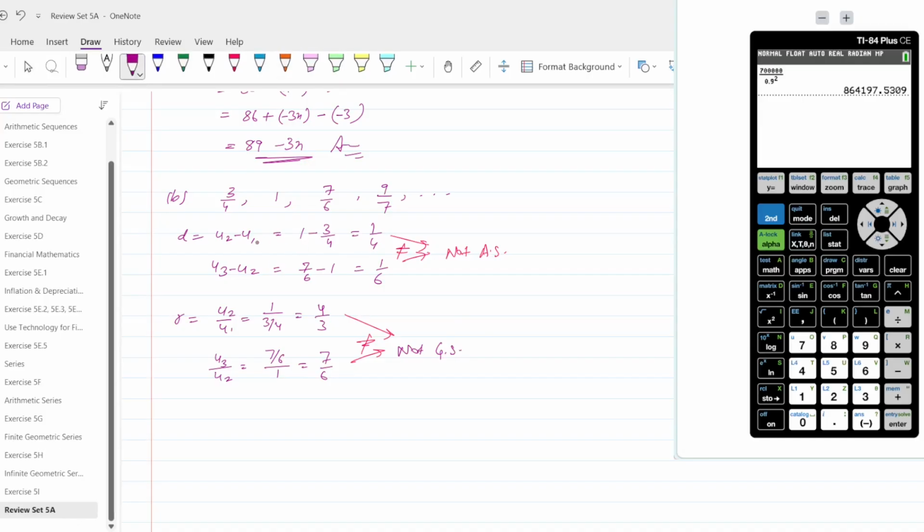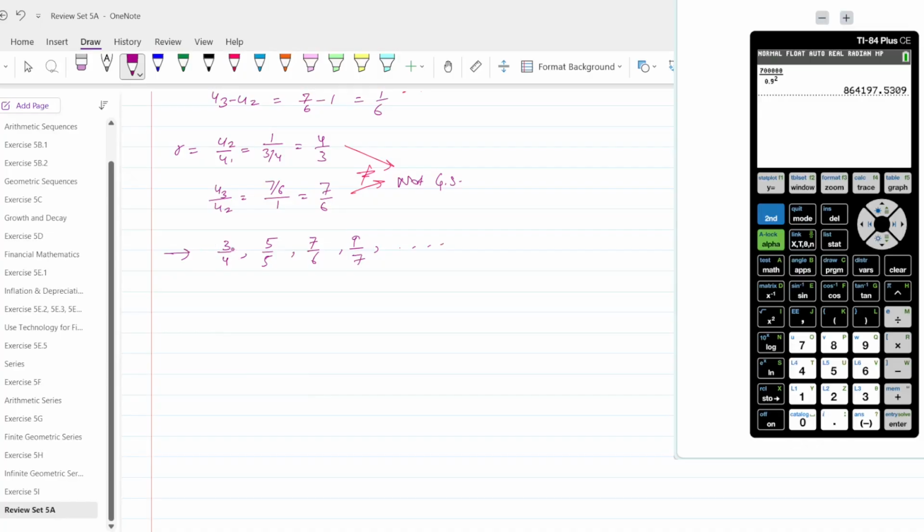So we need to come up with something that gives us more meaningful relationship between the terms. So can we write this sequence as 3 by 4? 1 can be written as 5 by 5. Now this is 7 by 6, 9 by 7, and so on.